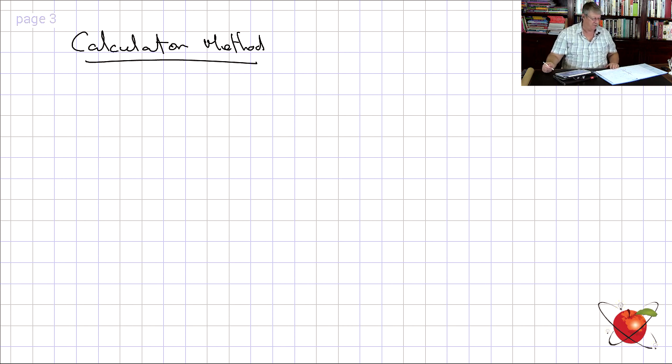A lot of you are using calculators and more, so I'm just going to go through the calculator method. Now, let us say we've got x squared minus x minus 6 equals 0. And we want to solve it.